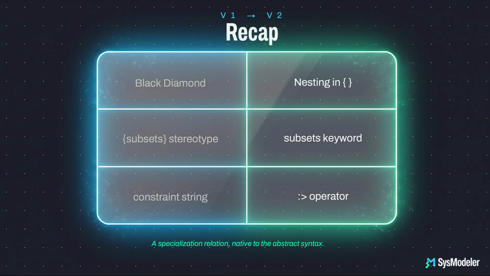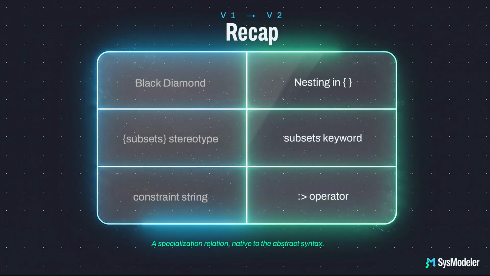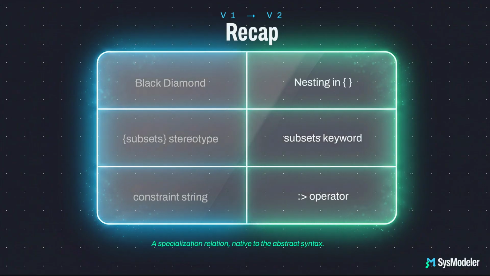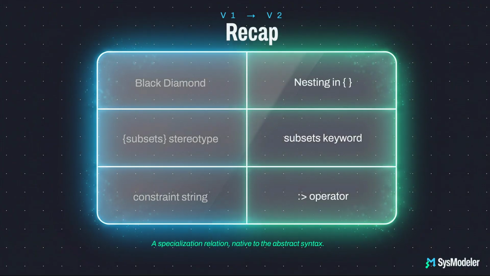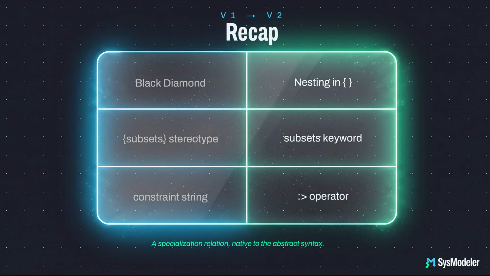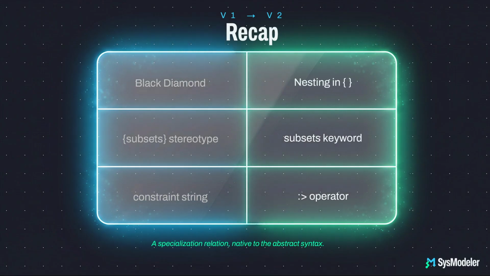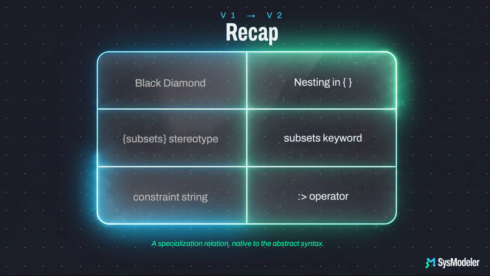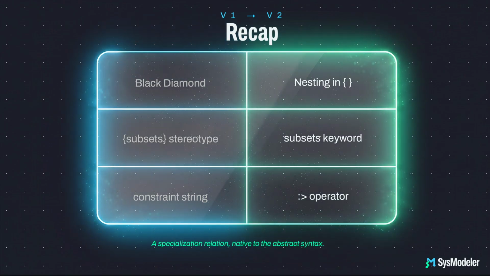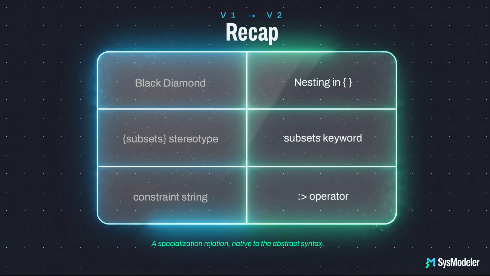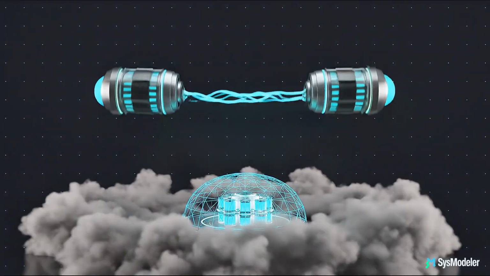Furthermore, subsetting, which relied on the subsets constraint string attached to properties in v1, is now elevated to a native core specialization relationship in v2 with its own keyword, which is subsets, and operator, which is :> . This handles narrowing types or multiplicity cleanly and formally as a part of the abstract syntax. That is the power of SysML v2's compositional approach, a clear, text-driven hierarchy that is both human-readable and tool-ready.